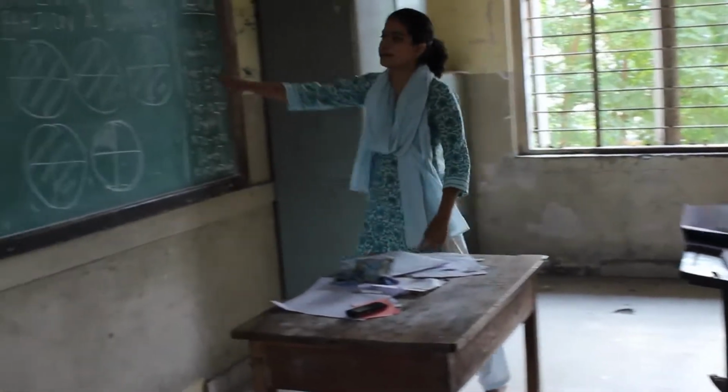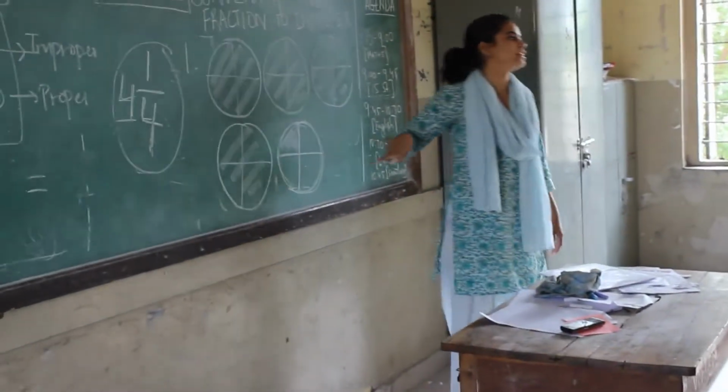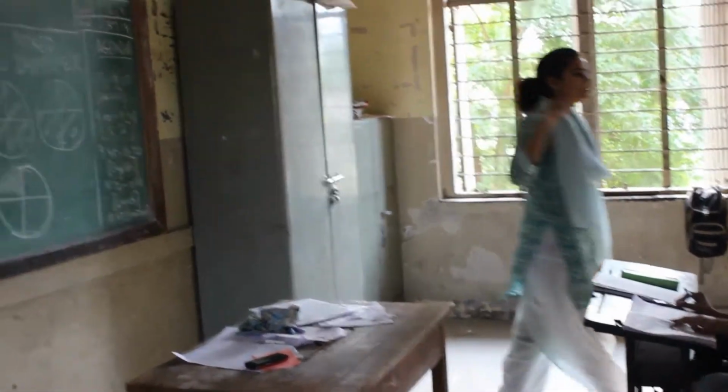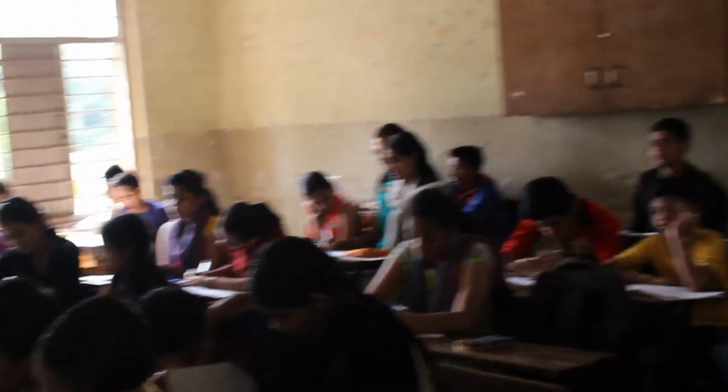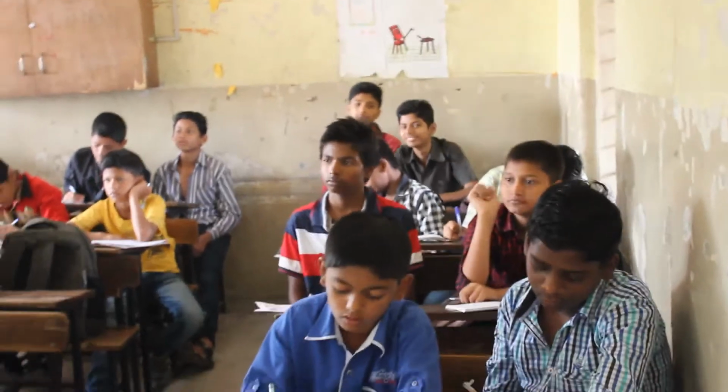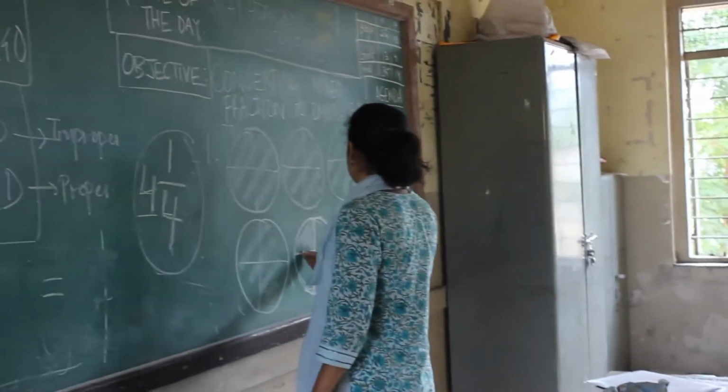Use the same symbol, and if anyone hasn't written that, write it. Use the same symbol and represent the proper fraction part. Which is what we did here. We used the same symbol of a chapati and we represented the proper fraction of 1/4.